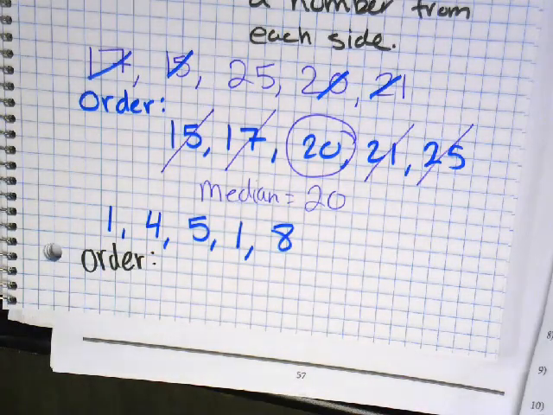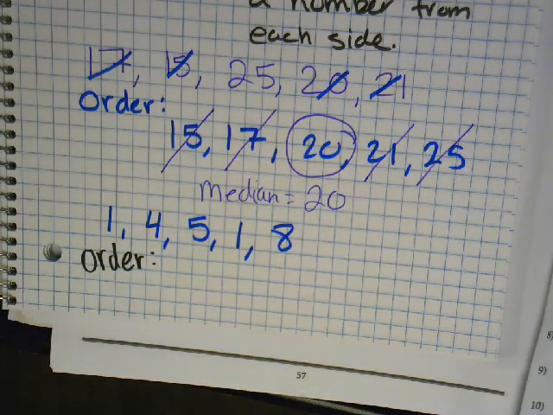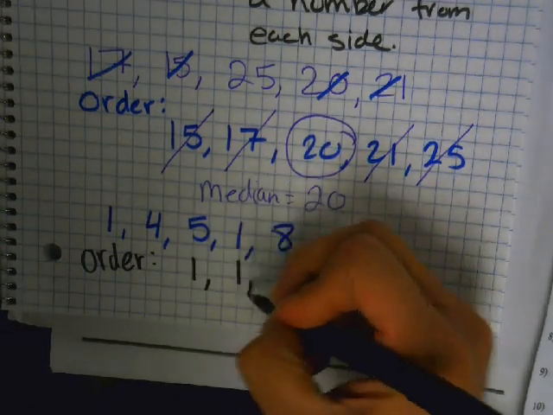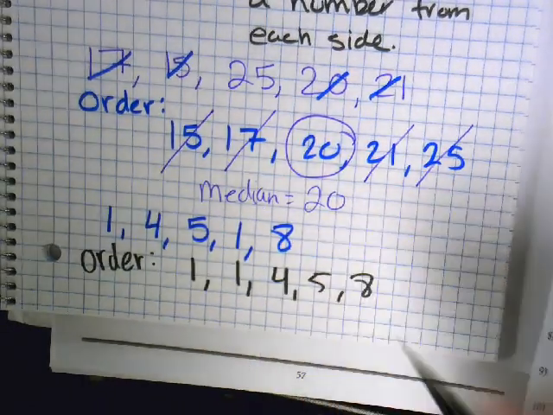If a number repeats, write it twice. Put them in order. 1, 4, 5, 8. Okay.